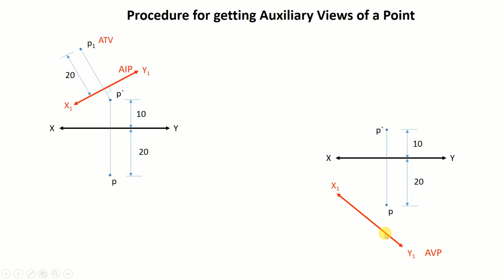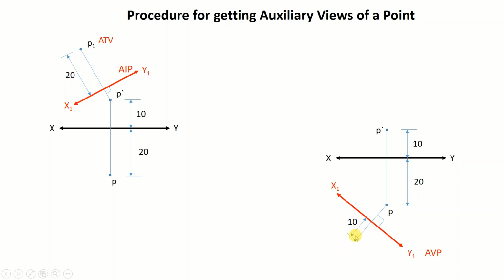So next step is that we drop a perpendicular projection line from the top view point, that is small p. This line is dropped onto the reference line x1 y1, and then we extend this projection line beyond this reference line xy through a certain distance, which is 10 in this case, to get this point here.